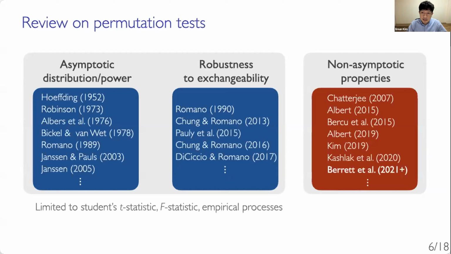And I want to emphasize that the most similar work to the paper that I'm presenting today is Berrett et al., which has been accepted to Annals of Statistics. Similar to our work, they present minimax optimality of the permutation test based on U statistics for independence testing, as well as other interesting results, including certain hardness results of independence testing.